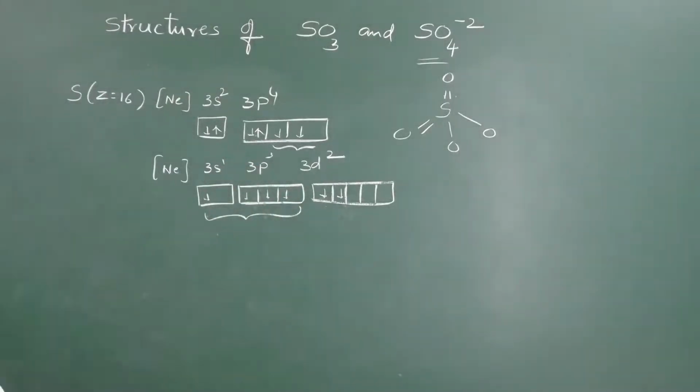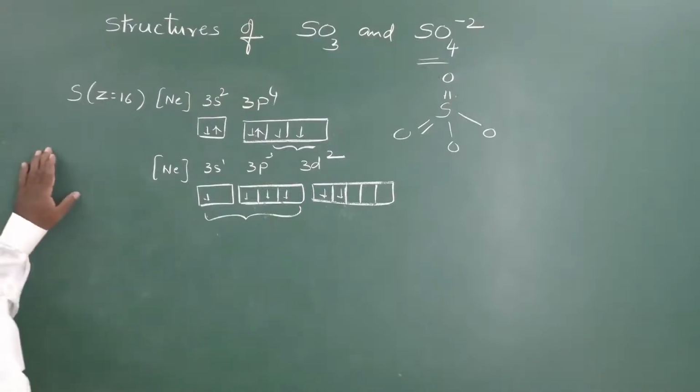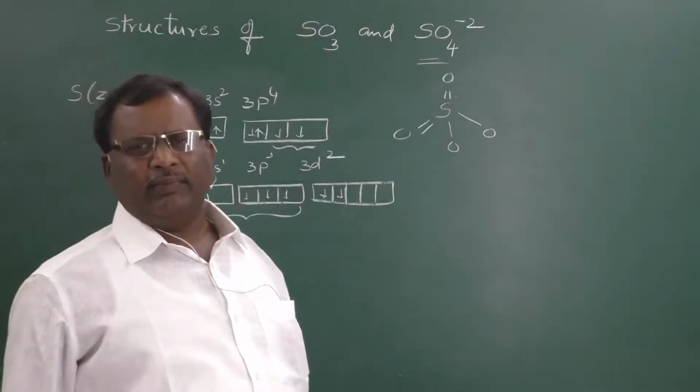So when sulfur undergoes sp3 hybridization, one s orbital and 3 p orbitals mix together to form 4 identical hybrid orbitals. That hybridization is said to be sp3 hybridization.